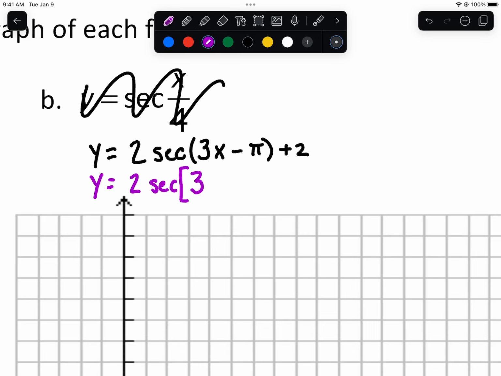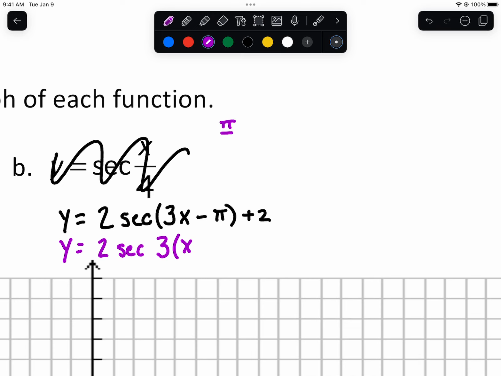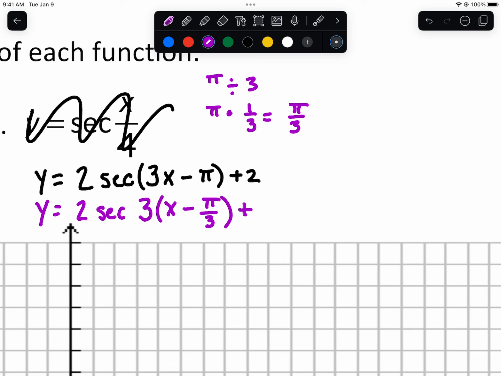If we're going to divide pi by 3, I'm going to write pi divided by 3 as pi times 1/3, and that comes out to pi over 3. That is what should go in the parentheses there. Right? Pi over 3. And then you'll have the plus 2.